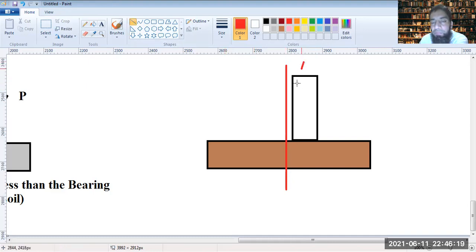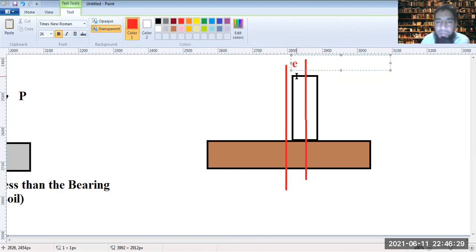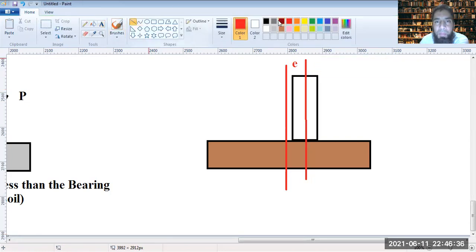So this is being loaded at a distance of E. So there is an eccentric application of load P.